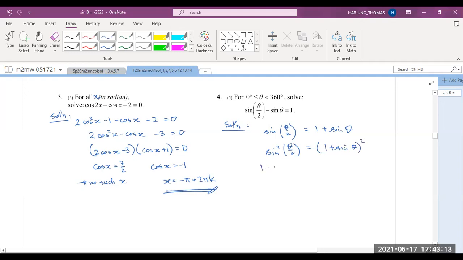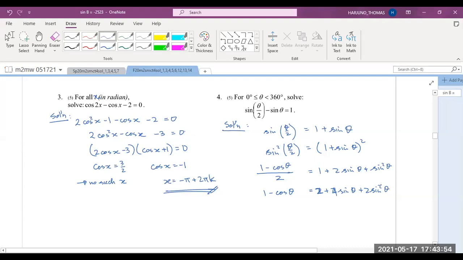That is (1 minus cosine theta) over 2 equals 1 plus 2 sine theta plus sine squared theta. Okay, so this is 1 minus cosine theta equals 2 plus 4 sine theta plus 2 sine squared theta.